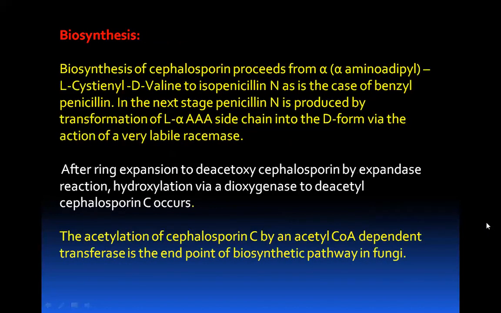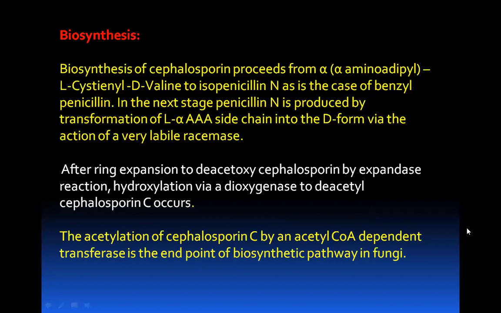If we look at the biosynthesis of cephalosporin, it proceeds from alpha-aminoadipoyl to L-cysteine and D-valine to isopenicillin N, as in the case of benzyl penicillin. The flow chart of this description is given in the next slide. You can have a look at it later. In the next stage, penicillin N is produced by transformation of the L-alpha-aminoadipoyl side chain into the D form via the action of a racemase.